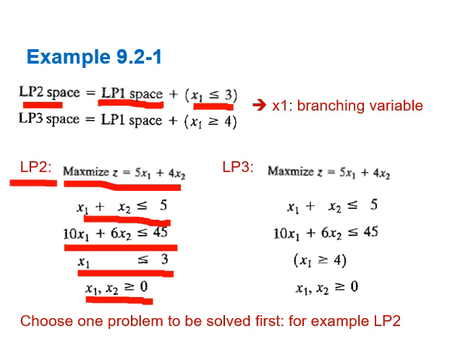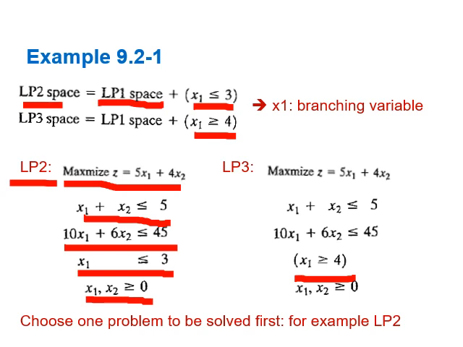On the other hand, if we consider LP3, instead of saying x1 less than or equal to 3, we are adding x1 greater than or equal to 4. So what happens to our model? Again, we have the same objective function. The first and second constraints are the same, but this time, instead of x1 less than or equal to 3, we add x1 greater than or equal to 4.